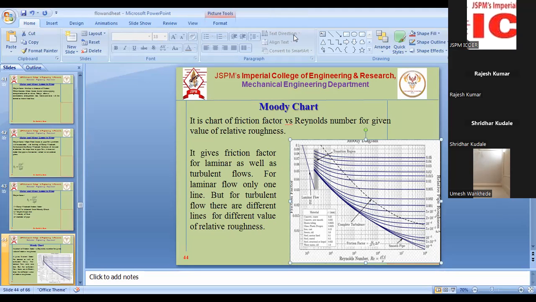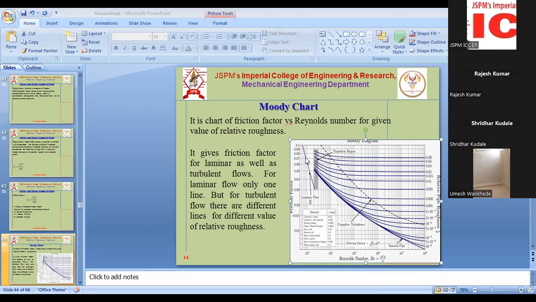Why are there different lines in turbulent flow? Because the friction factor depends on the relative roughness of the surface of the pipe.